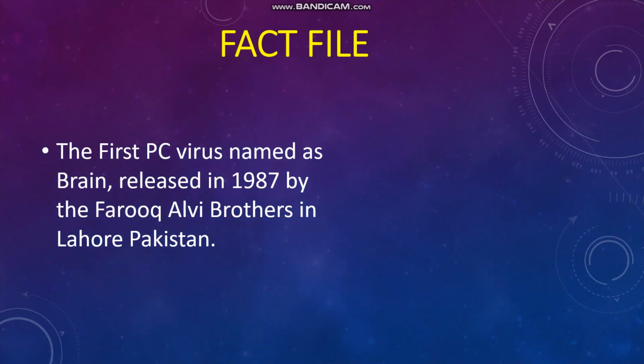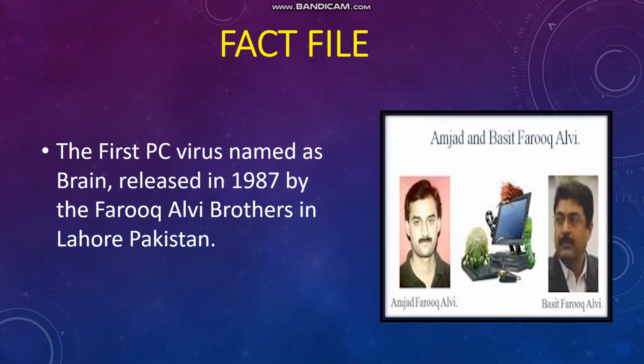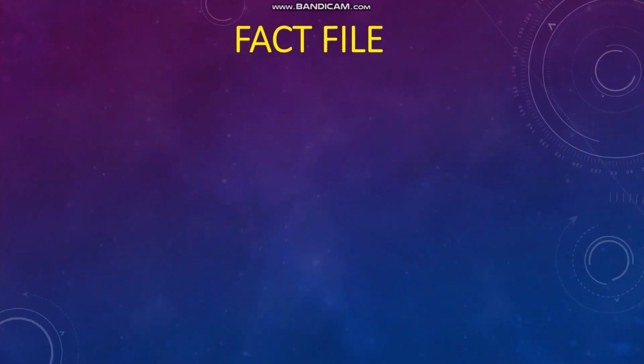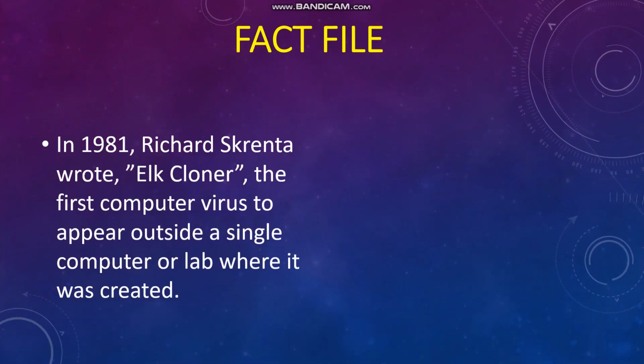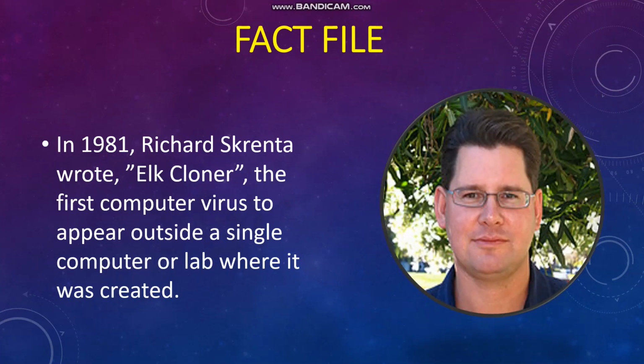Fact file. The first PC virus, named Brain, was released in 1987 by the Farooq Alvi brothers in Lahore, Pakistan. Fact file. In 1981, Richard Skrenta wrote Elk Cloner, the first computer virus to appear outside a single computer or lab where it was created.